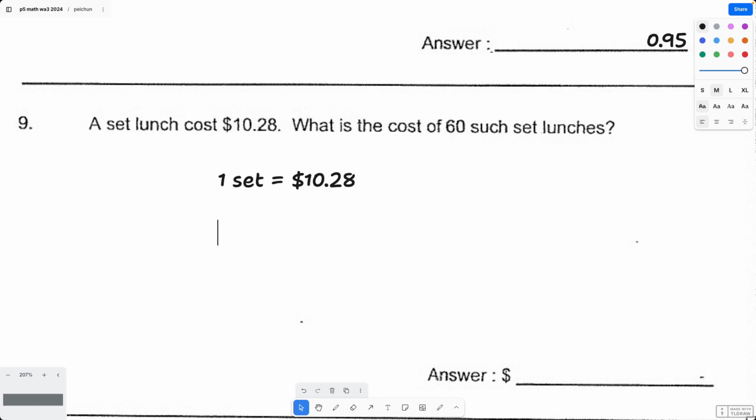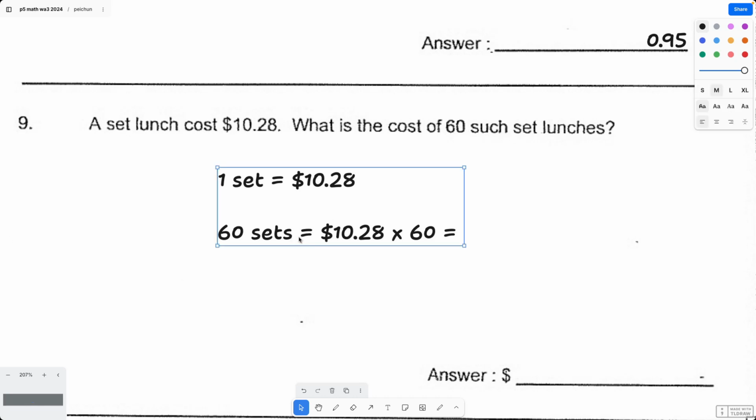We want 60 sets, so this will be basically $10.28 times 60. Let's do the workings for this.